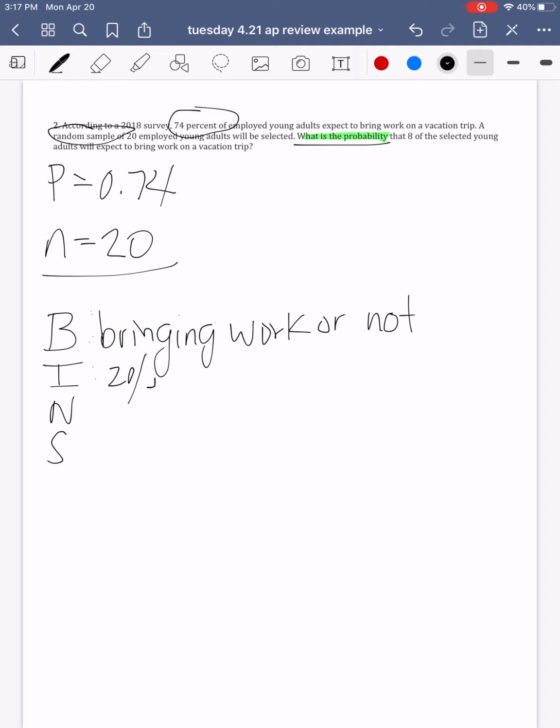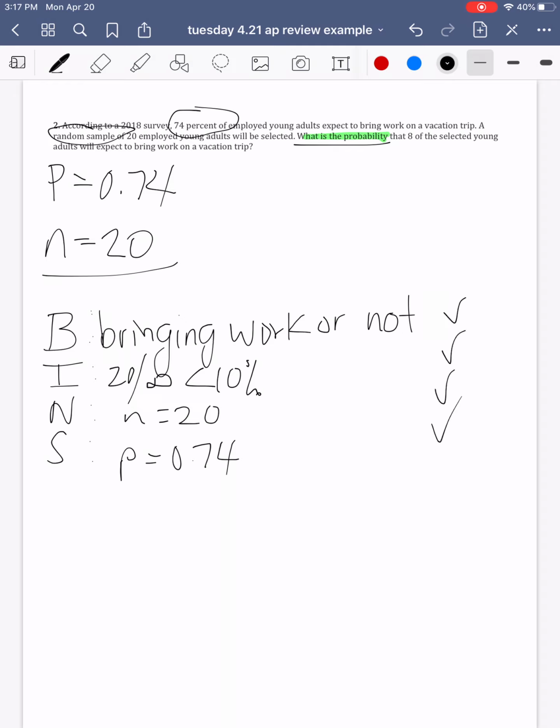So we can say that this is going to be approximately infinity, which will definitely be less than 10%. Our number of trials we've already said was 20, and our probability we've said was 0.74. So we've met the criteria of BINS, so we are good to go here.